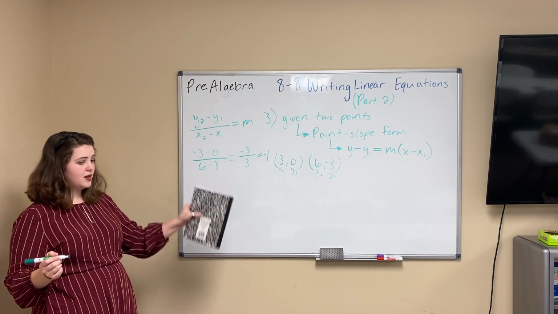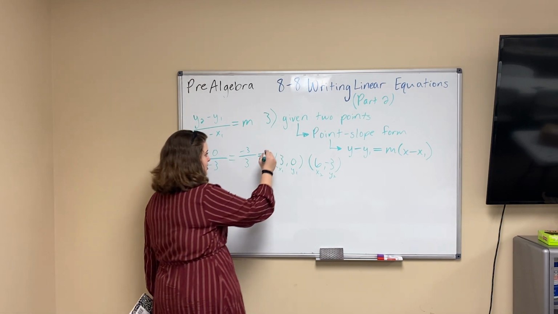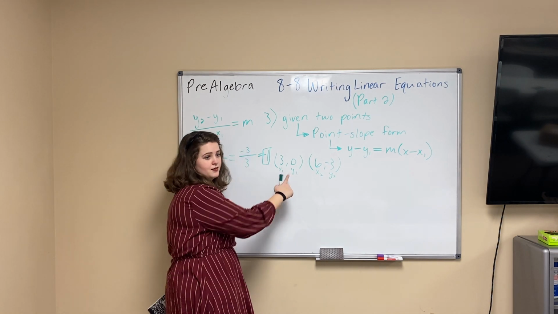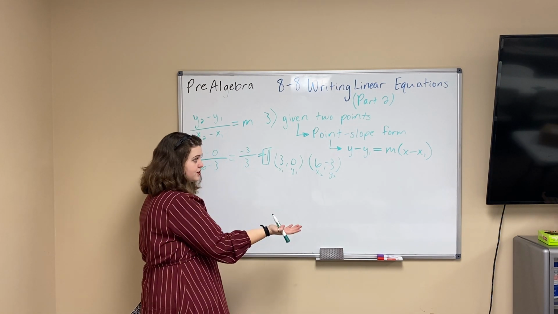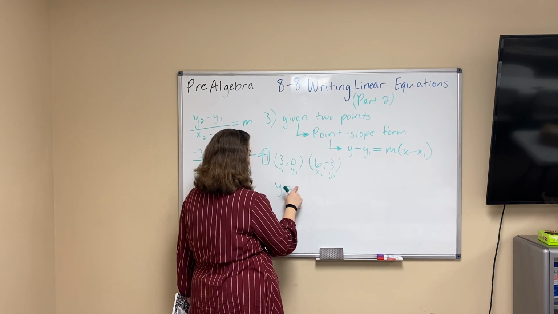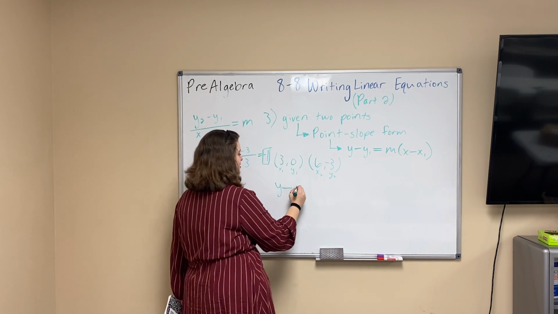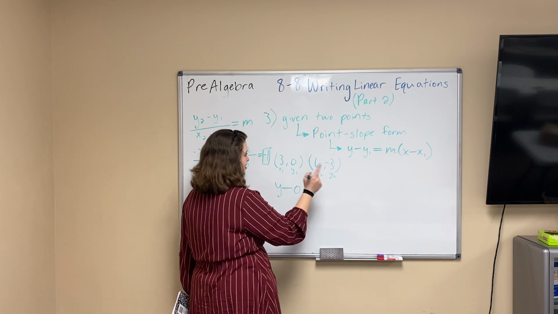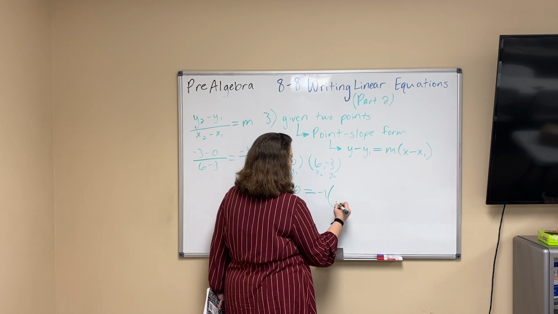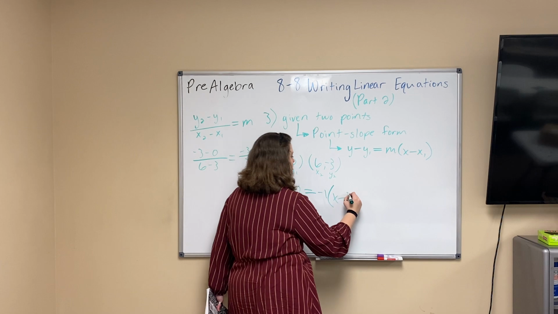We can put that where the m is in our equation. What else we're going to do, because we know our m, but we also know our y1 and x1, right? We've already got that written down. So now we can just fill in the whole equation. y minus y1, which is 0, equals m, which is our slope, which we found, negative 1, times x minus x1, which is 3.